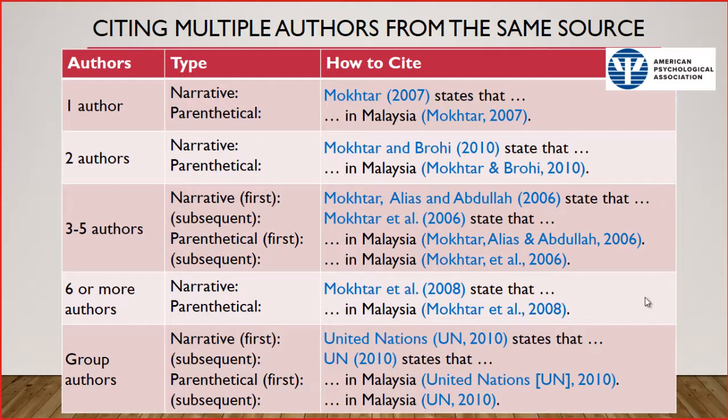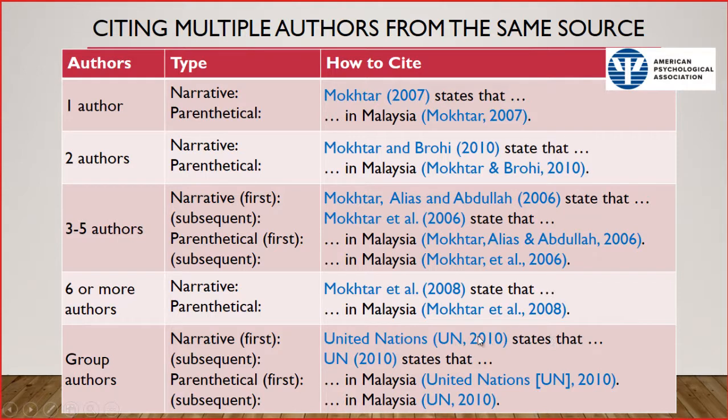Okay, now if you have group authors, for example, United Nations, let's say you are referring to a report by United Nations, and you do not know who the authors are because it just says United Nations. So for the first example, this is narrative. If narrative, the first occurrence, you actually write in complete: United Nations (UN, 2010) states that.